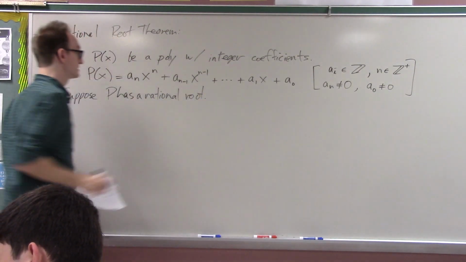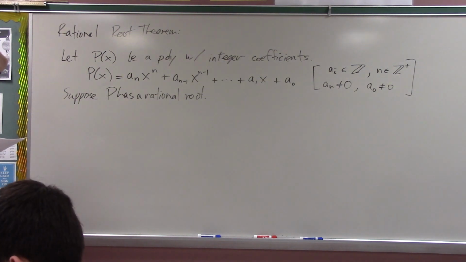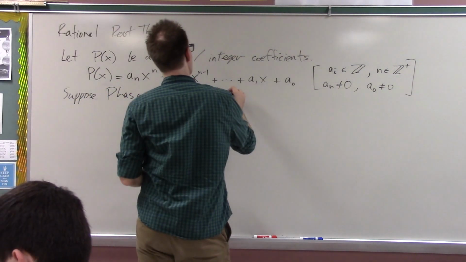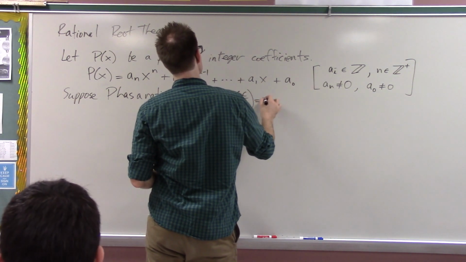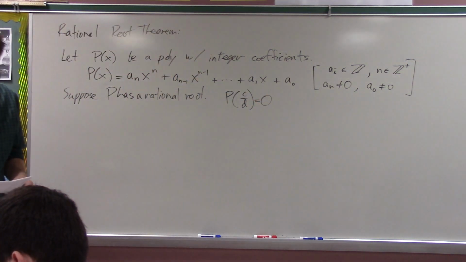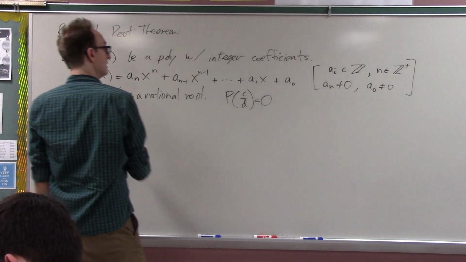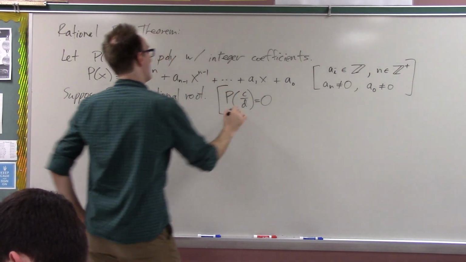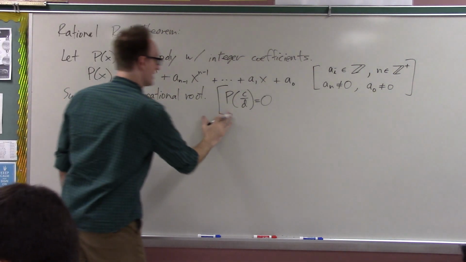In other words, what we're supposing is a couple things. We're supposing that p of c over d is 0. Since we're doing a real proof here, we should write everything all out.